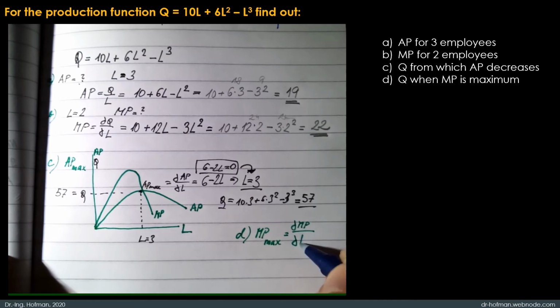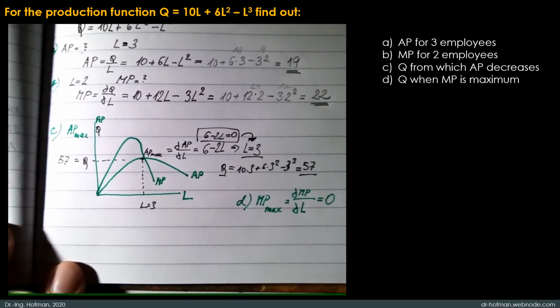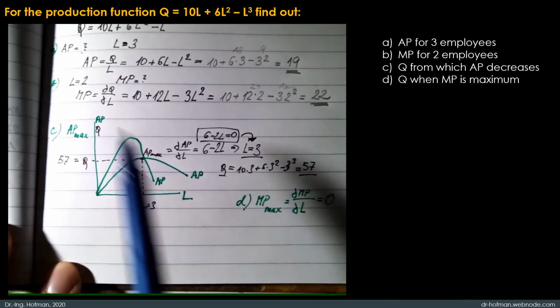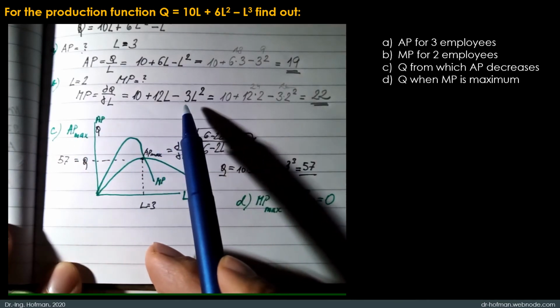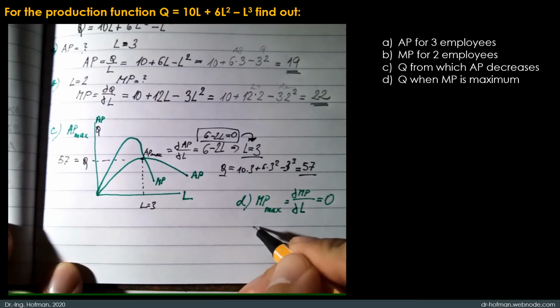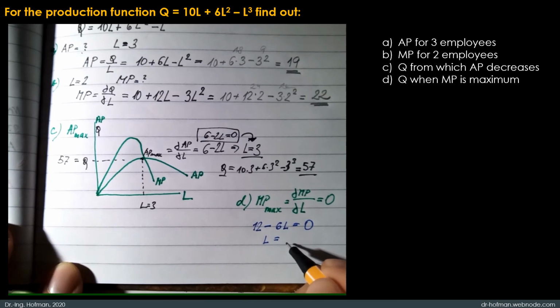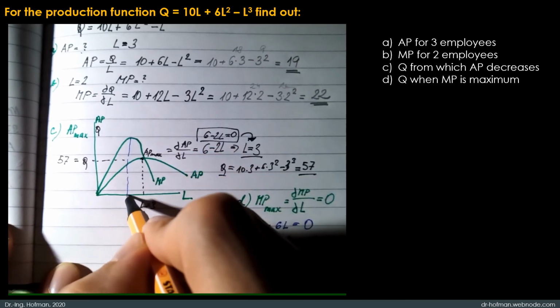The maximum is where the derivative of the function of MP according to L equals 0. We know the MP function, it's 10 plus 12L minus 3L squared. The derivative according to L is 12 minus 6L. We are searching for L where this expression equals 0, which is 2 for this L.